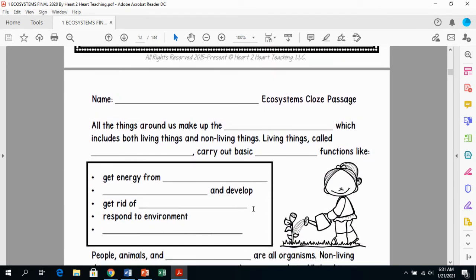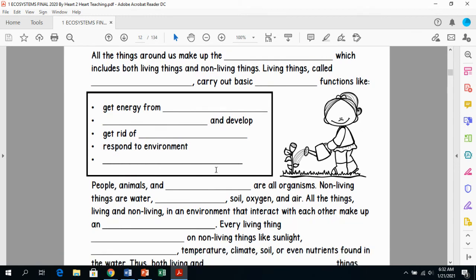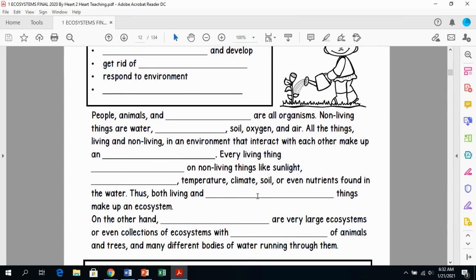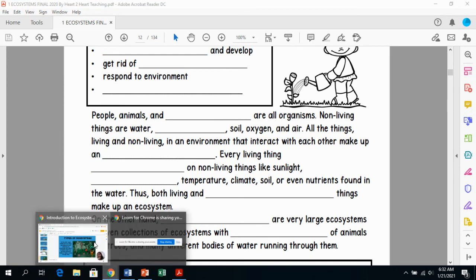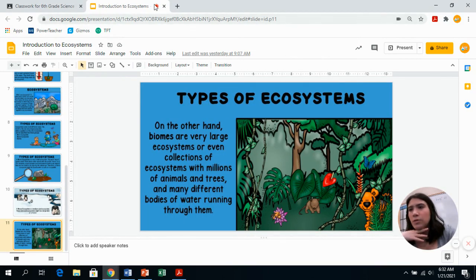Then you're going to answer the cloze passage, and once you're done, you are going to turn it in to your cohort leader. Then we are going to move on to our second activity of the day, and you will see me in another video shortly. So have fun, good luck, and I will see you soon.